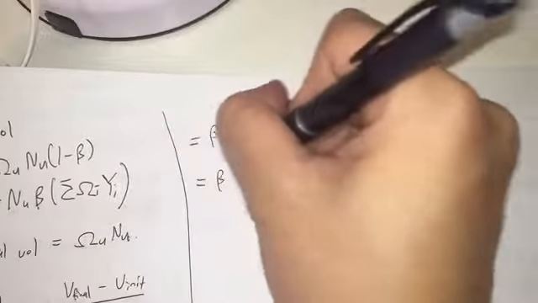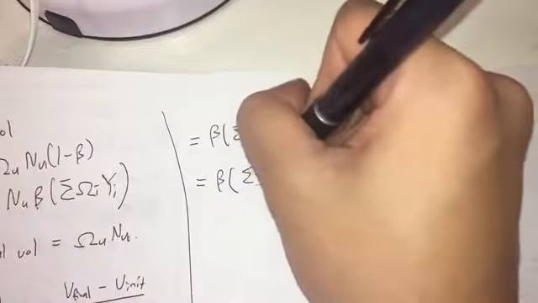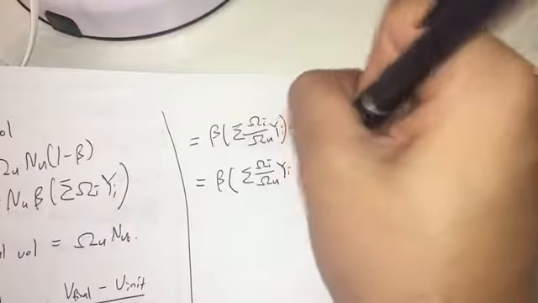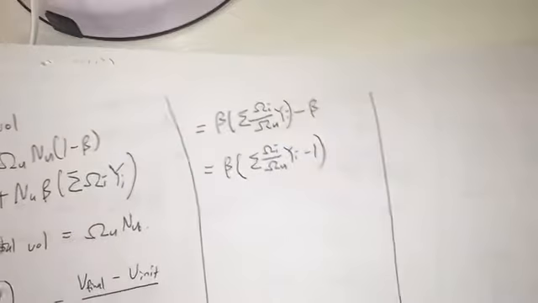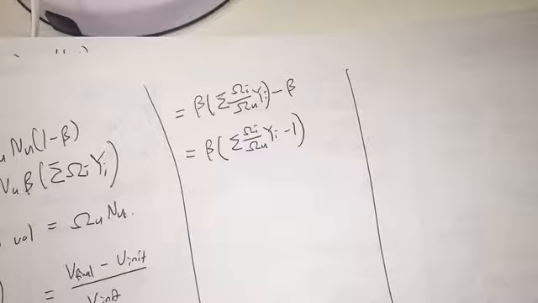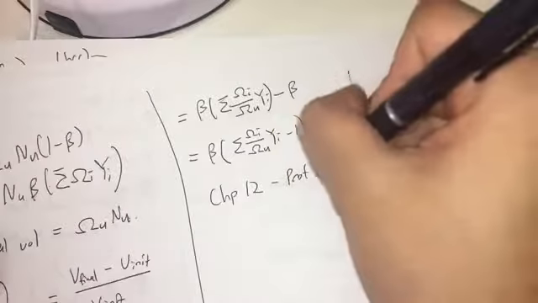Now we just factorize the beta out. Sigma omega I over omega u yi minus 1. So that is the formula we have derived. Now you just want to take some typical values to find out how much swelling there is. And here are some typical values from chapter 12, again chapter 12 of Professor Olander's book.